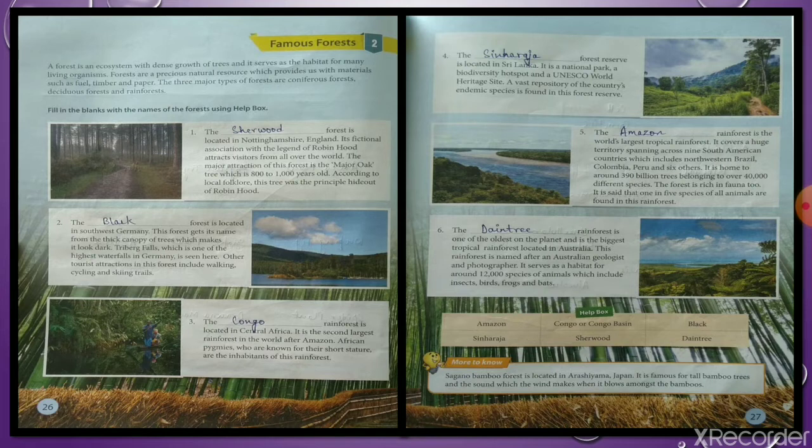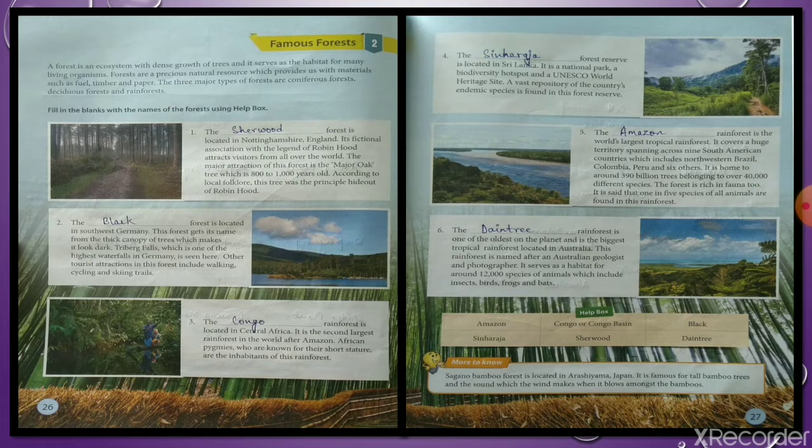Next one, the fifth one, is the rainforest. It is the world's largest tropical rainforest, which covers a huge territory spanning across 9 South American countries, which includes northwestern Brazil, Colombia, Peru, and 6 others. It is the home of around 390 billion trees belonging to over 40,000 different species.